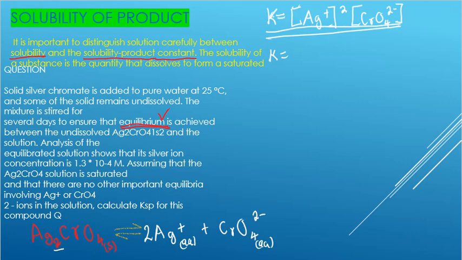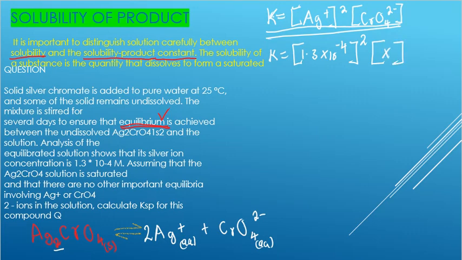Our silver ion has 1.3 multiplied by 10 to the power negative 4, then to the power 2. Now remember that for chromate we do not have anything.